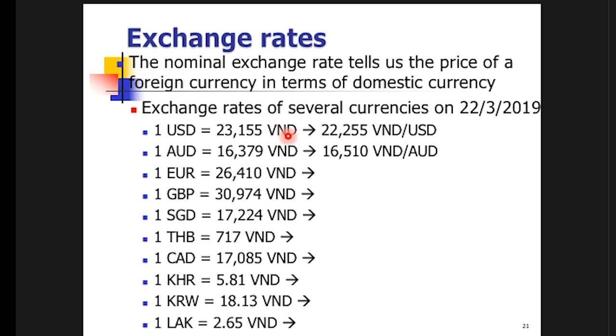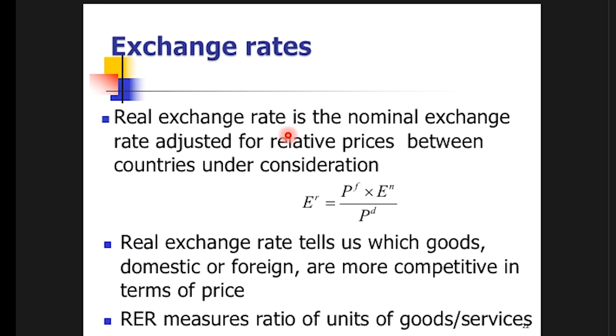So, in fact, the real exchange rate between the US and Vietnam may be 1 US car equals 1/2 Vietnamese car, or 1 US t-shirt equals 2 Vietnamese t-shirts.